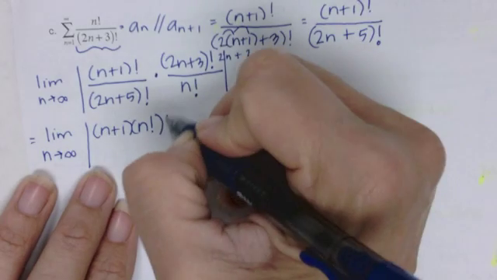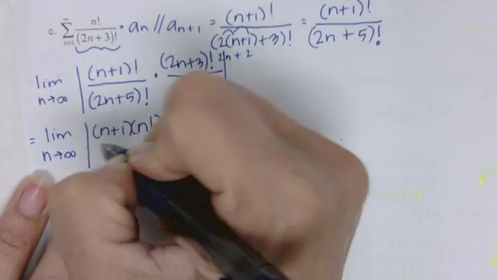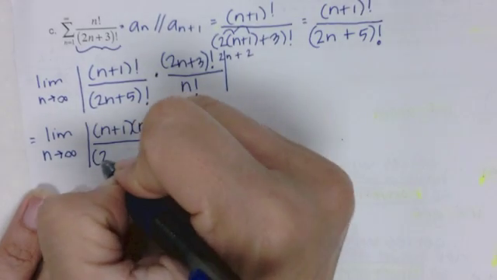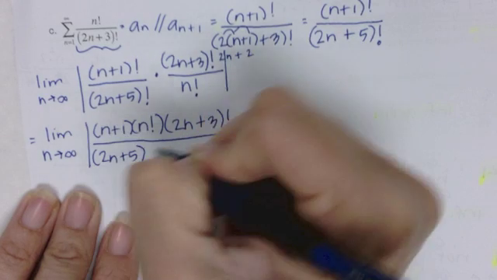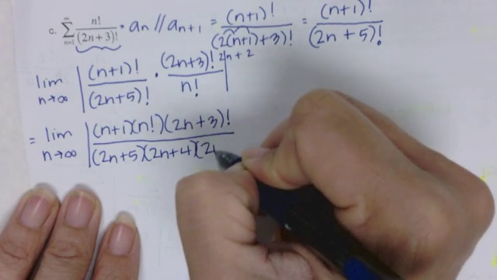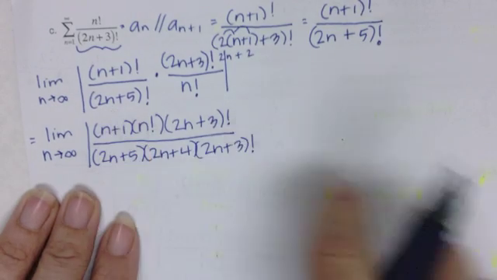And then up here, I'm going to leave this as 2n plus 3 factorial, because down here, this one's going to be bigger. And so I'm going to choose to write that by subtracting 1 each time until I get to 2n plus 3 factorial. So that all comes from that piece.